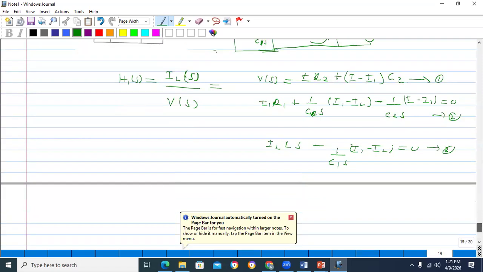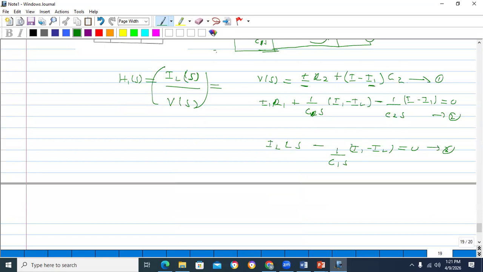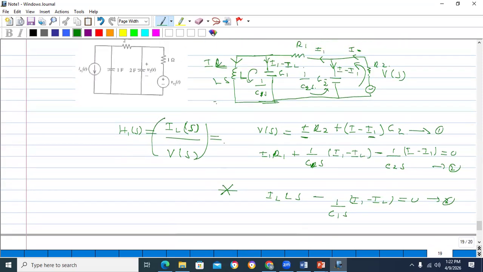Then using these equations, you need to get this value. You need to try to remove I and I1, then you can find the relationship between IL and V. So try to do this by yourself. That is mathematics work, not circuit work. This is how we apply the Kirchhoff law in the S domain.